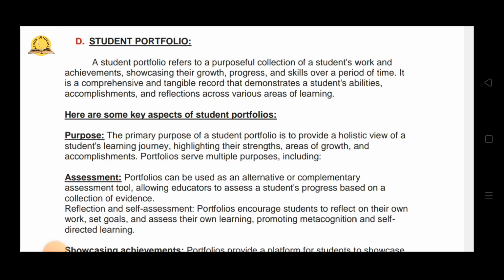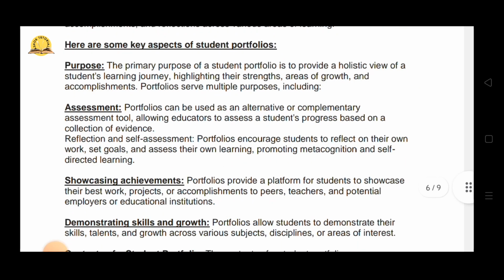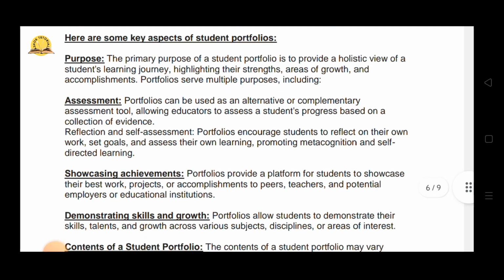Here are some key aspects of the student portfolio. First, purpose. Why do we need a student portfolio? The primary purpose of a student portfolio is to provide a holistic view of students' learning journey, highlighting their strengths, areas of growth and accomplishment. There are many purposes of setting up a portfolio.